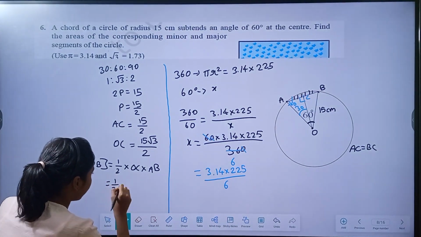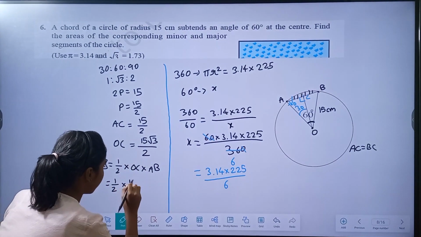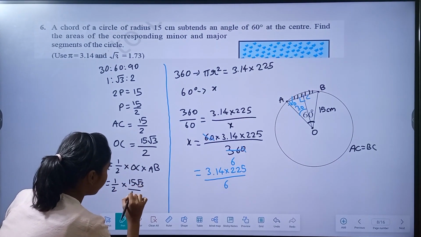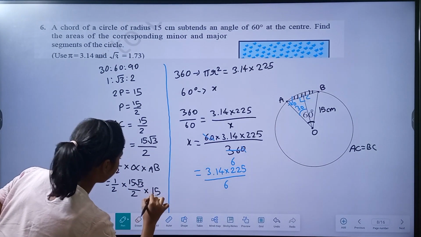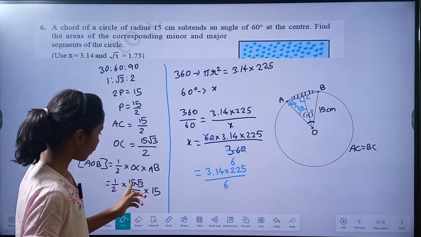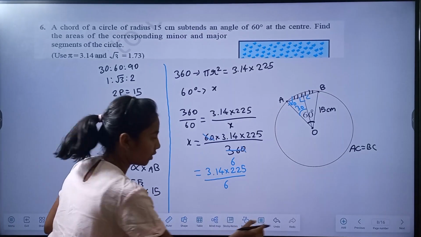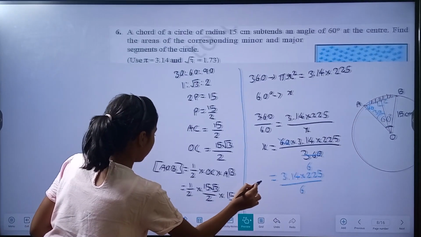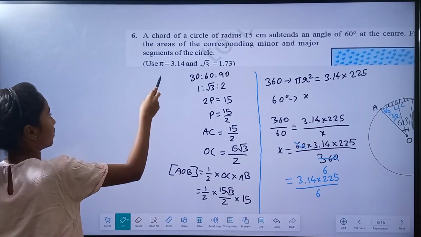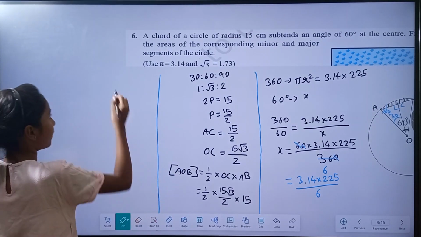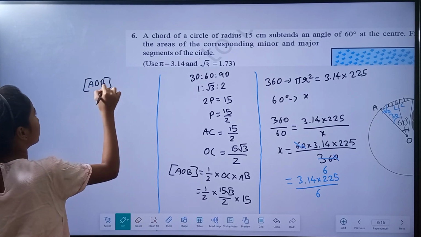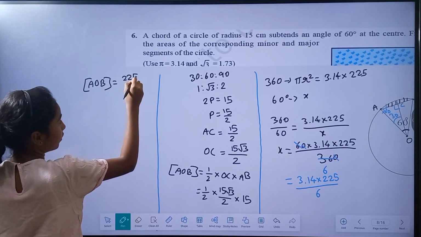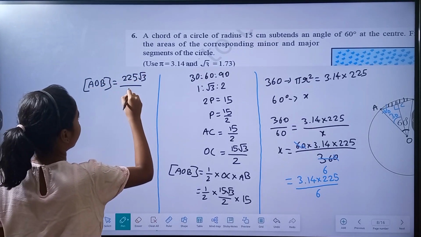This is half into 15 root 3 by 2 into 15, so we get 225 root 3 by 4. Area of AOB equals 225 root 3 by 4.